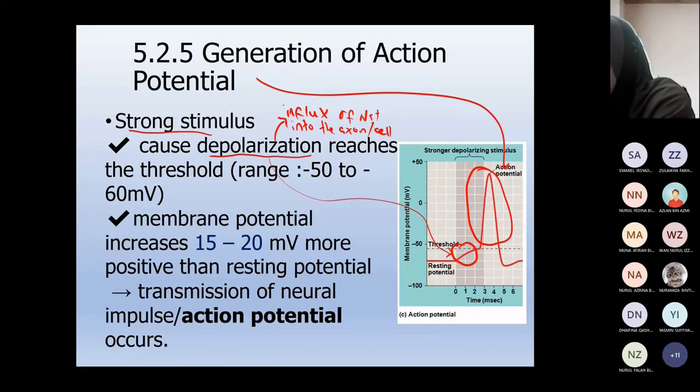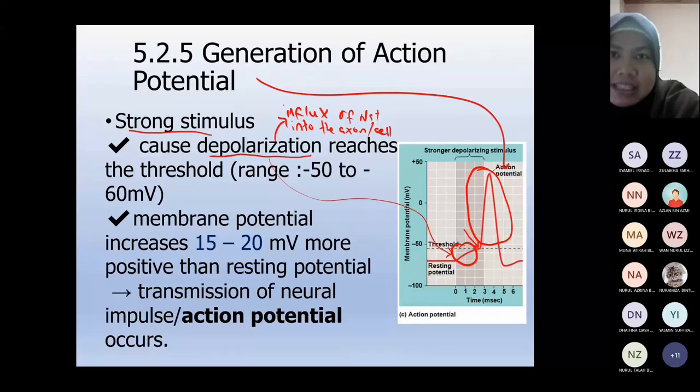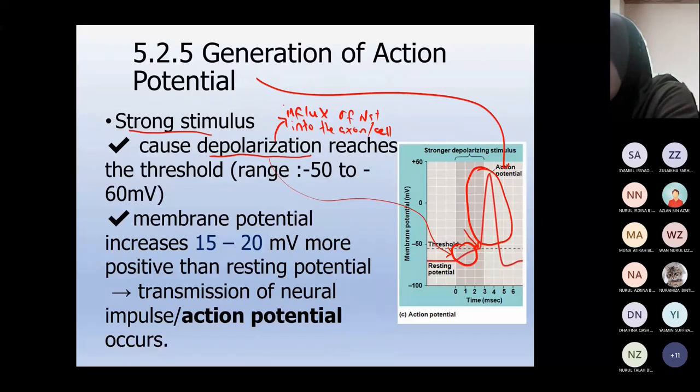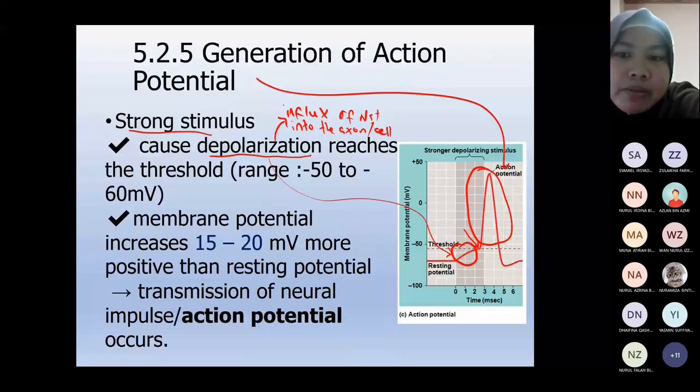So as it reaches the threshold, then you are going to have the action potential. The range of threshold is around negative 50 to negative 60 millivolts. So you can see here negative 50 millivolts. Resting membrane potential is way more negative, maybe around negative 70 millivolts.